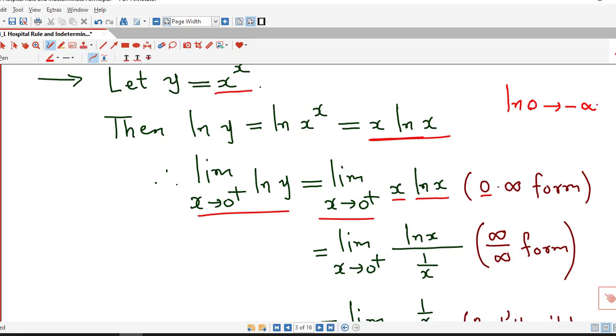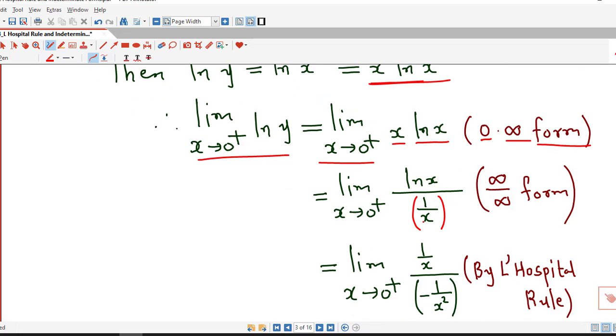Log 0 is negative infinity. So we have again a 0 into infinity form. So x is written as 1 over 1 over x. If we write x into log x as log x over 1 over x, and take x equal to 0, then we have log 0 which is minus infinity, and here 1 over 0 which is infinity.